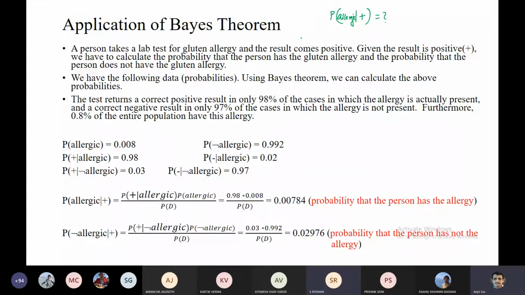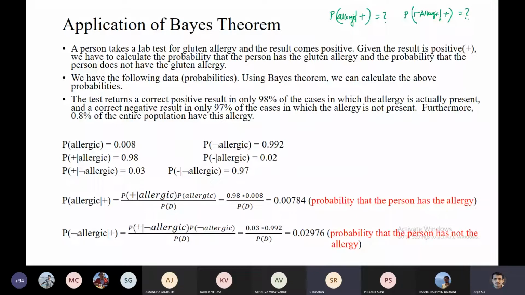And at the same time, given the positive, what is the probability that this person is not allergic? This is the not sign. These two things we have to calculate.